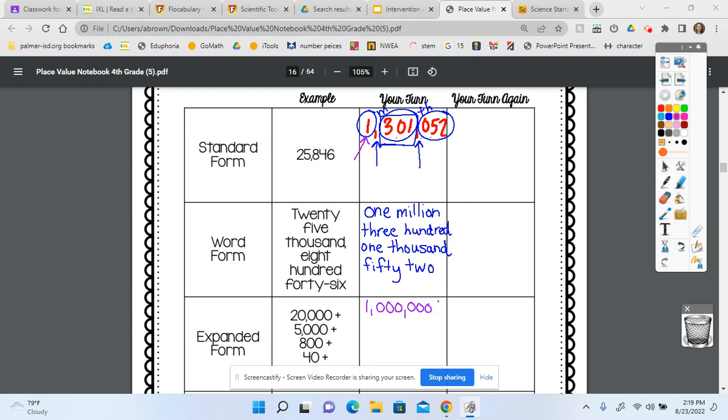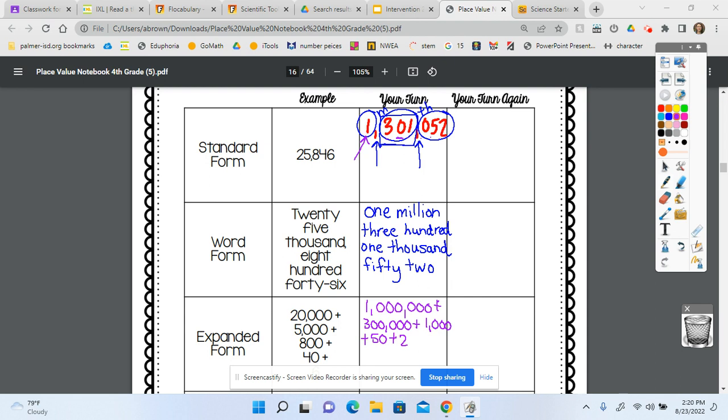So 1 million plus the next digit is 300,000. Plus, we can skip over this 0 because there's nothing there. So on to the next one. That is 1,000 plus the next digit. We're going to go to the 5, which is in the tens place. So that's 50 plus 2. That's that number in expanded form.